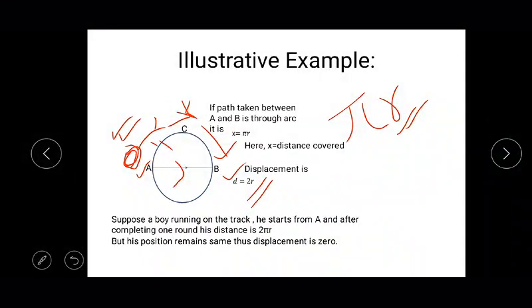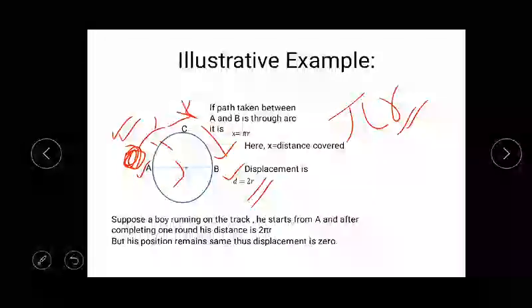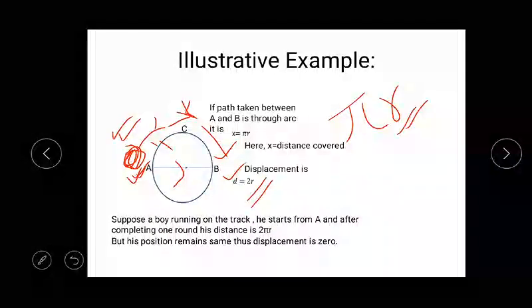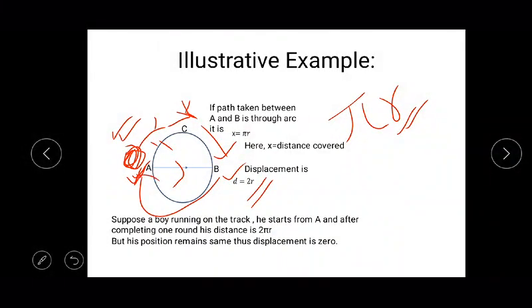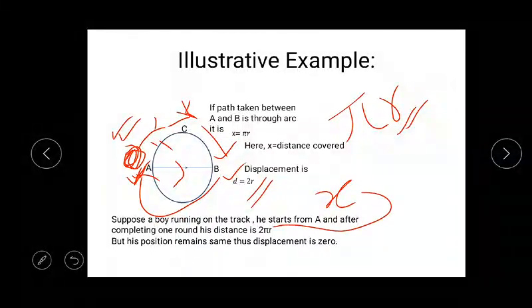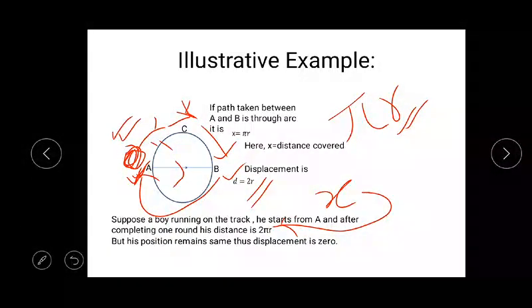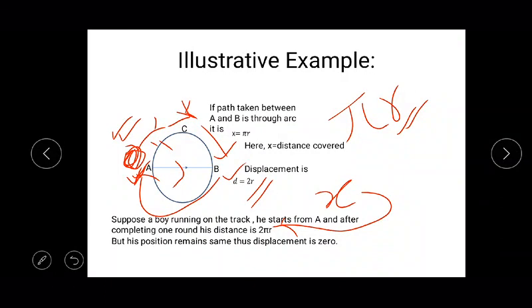Now suppose this O is a boy and he is running on this track, and he starts from A. He completes one round of the circle. Then we will find the distance x is equal to 2 pi r, where 2 pi r is the circumference, that is the perimeter of the circle.